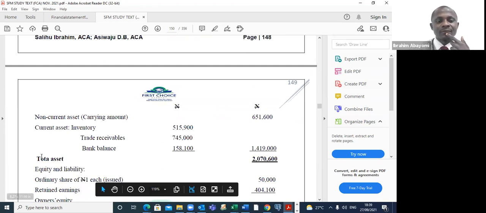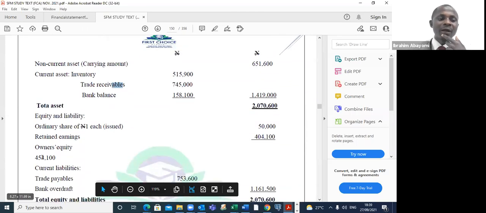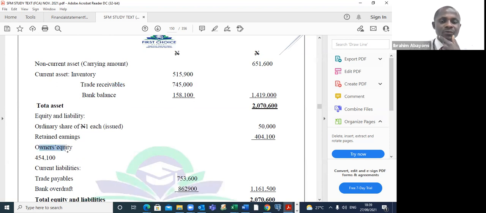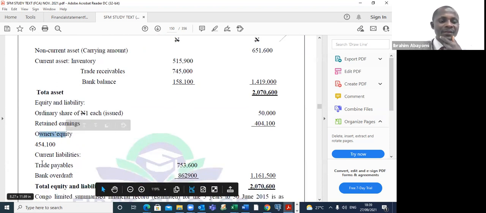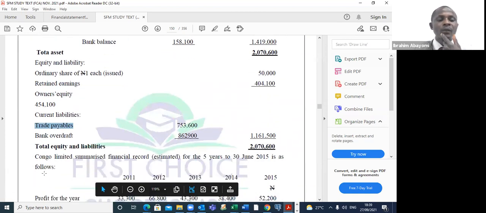Non-current assets, current assets, which comprise inventory, trade receivables, bank balance. Then we have our total assets, equity and liability: owner's share capital of $1 each, retained earnings, owner's equity, current liability, where we have trade payables and bank overdraft.